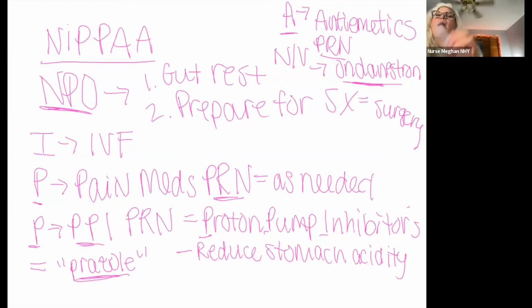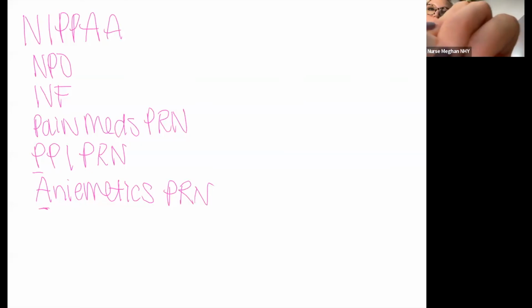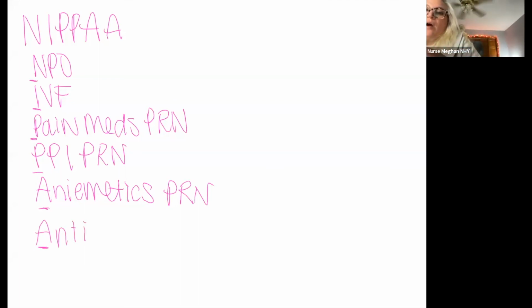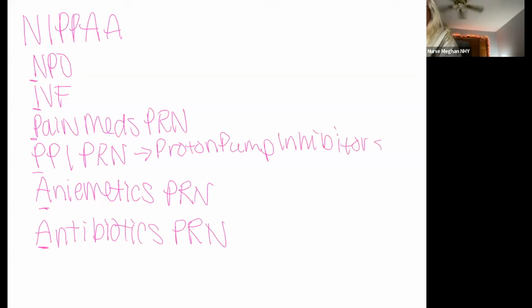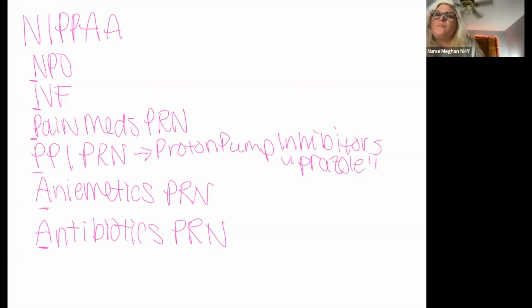And we actually just added the second A recently. Our newest addition to NIPPA is our last A, and that one is antibiotics as needed. Just like we talked about the PPIs being proton pump inhibitors that end in prazole. Antibiotics can be given within the GI tract.